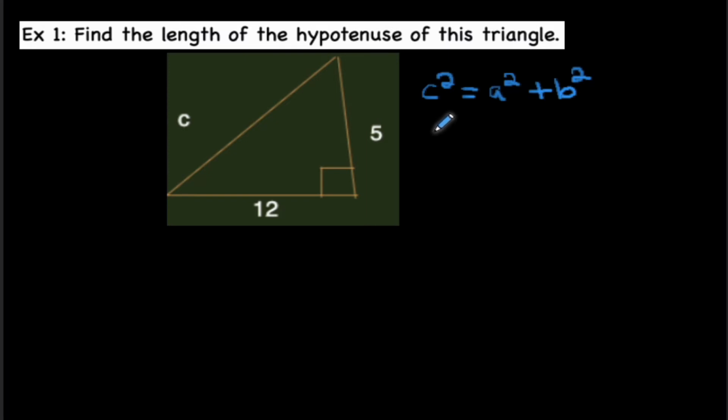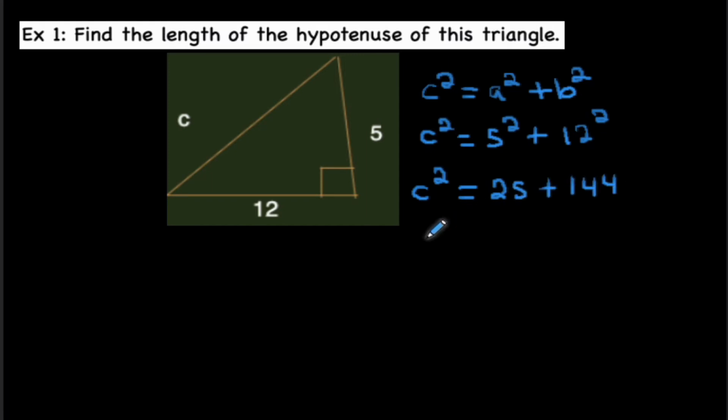So c squared is equal to a squared, which we'll say is 5 squared, plus b squared, which is 12 squared. Now let's calculate. We have 25 plus 144. Bring down your c squared, and we're going to add 25 and 144, which equals 169.